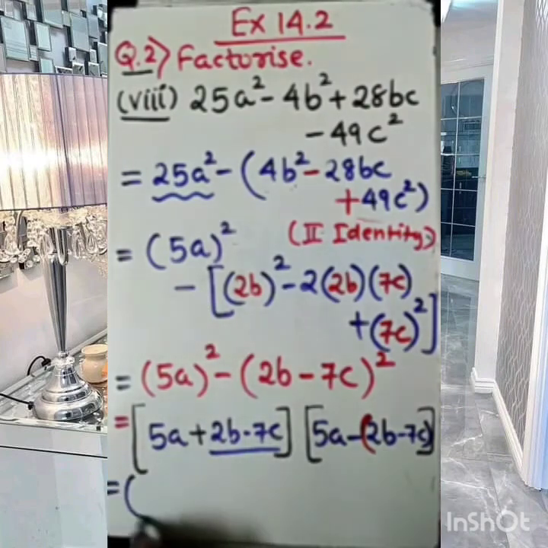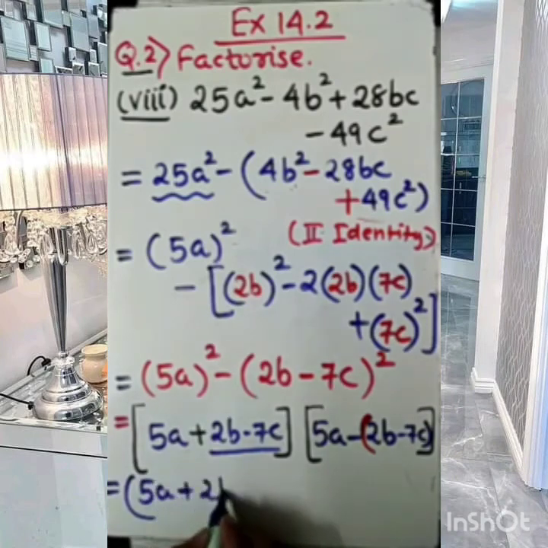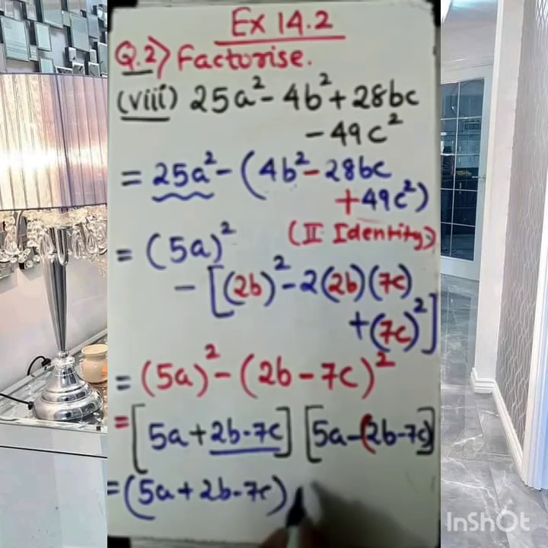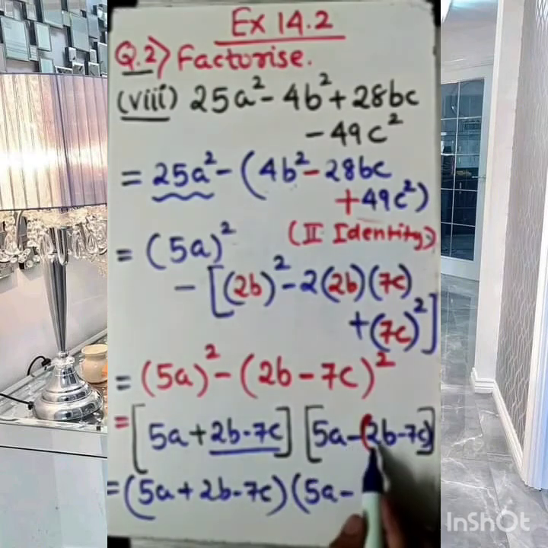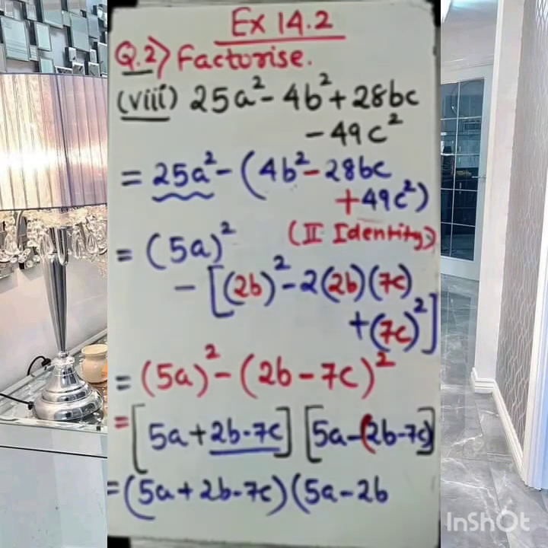Let me open the bracket now. So I need to mention 5a plus 2b minus 7c in one bracket. In another bracket 5a minus, here I am opening the bracket in this step. This is minus, so this is minus 2b and this minus will become plus. So this is the last step, that is 7c.